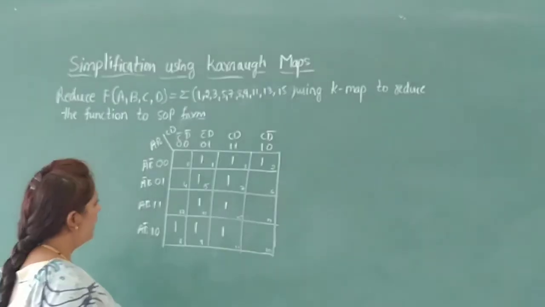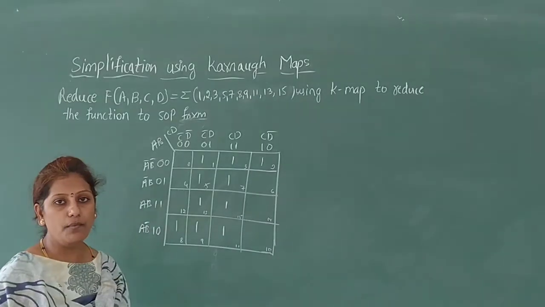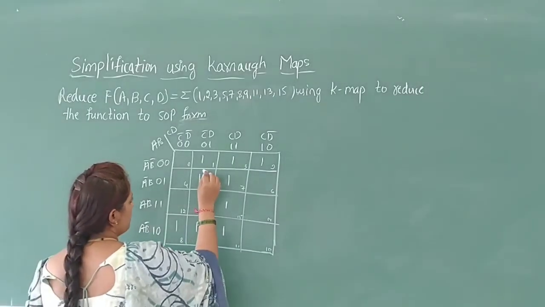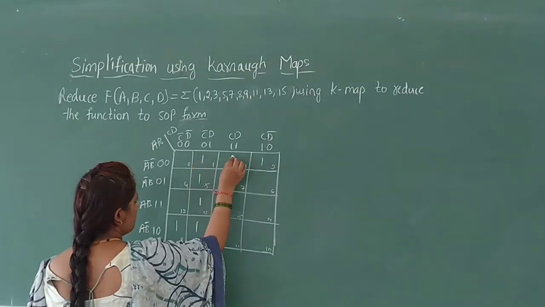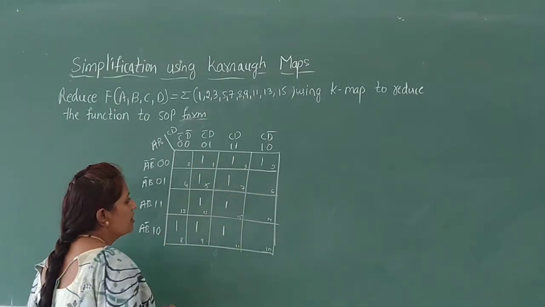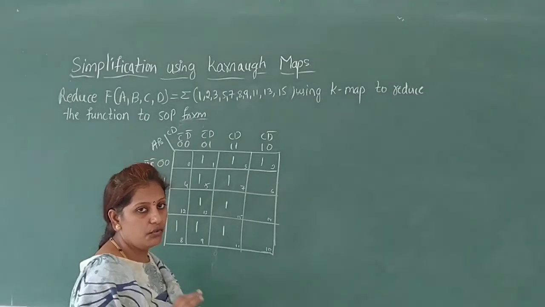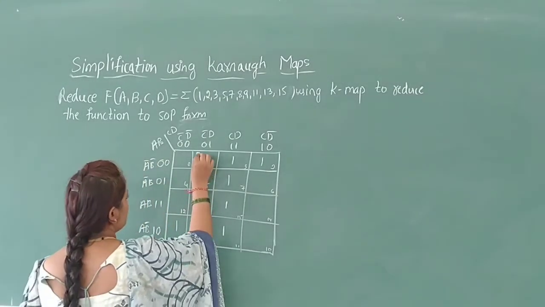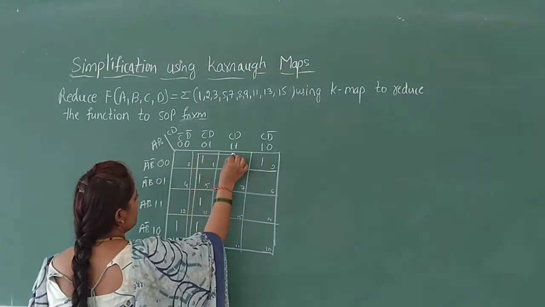Yes, and create the groups. See here, these 8 values are formed continuously in vertical form, then it creates one octet.